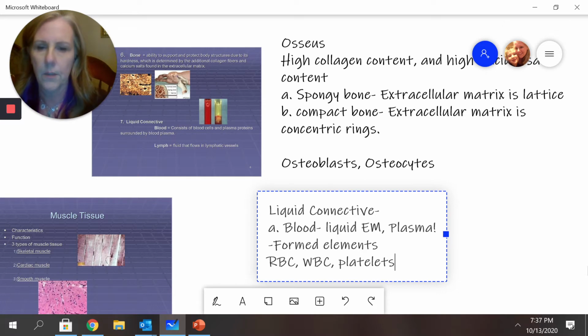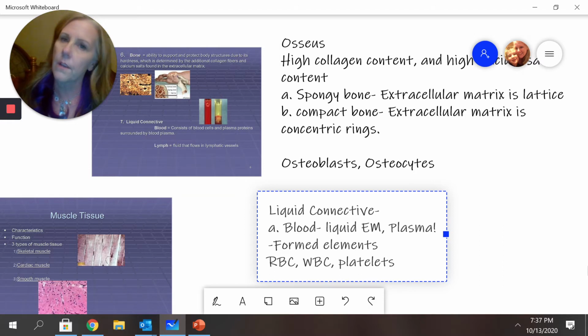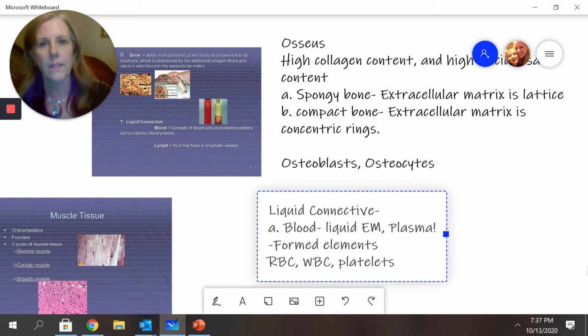Now, you're probably wondering, why do we call it formed elements? Why can't we just say the living cells of the tissue? Well, yes, red blood cells, erythrocytes, are cells, white blood cells are cells, but platelets are actually cell fragments. In the development of a platelet, there is one big cell that is released into the blood from the bone marrow, and it breaks up into tiny little pieces.